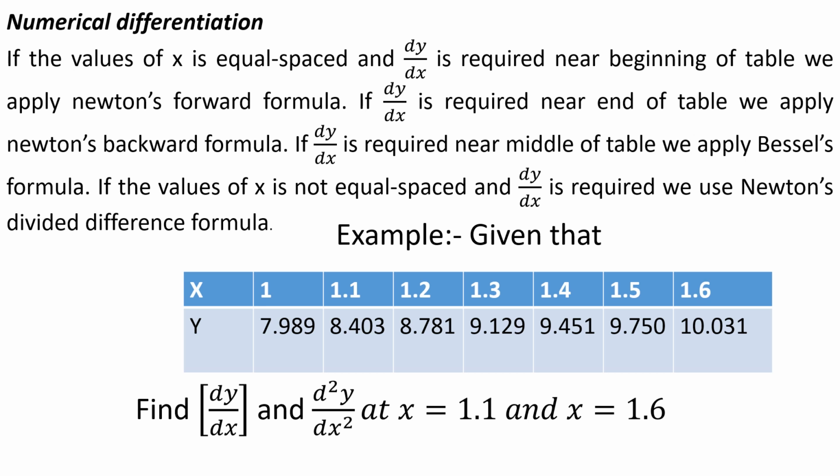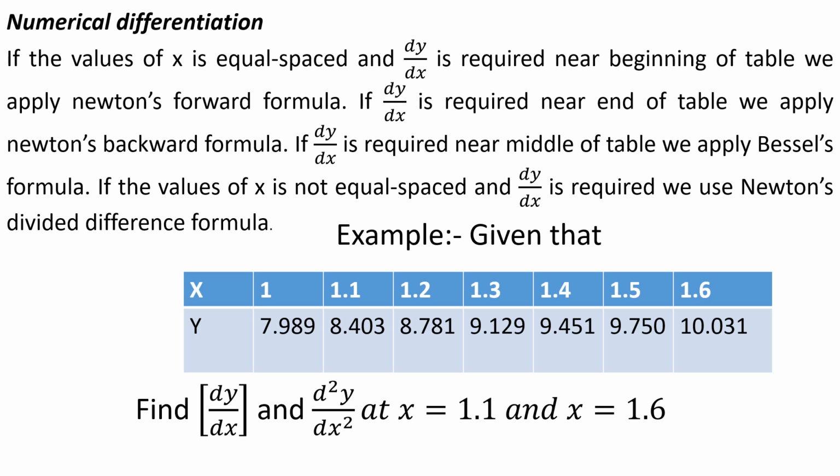And if you want to calculate dy/dx near the beginning of the table, we will apply the Newton forward formula. If dy/dx is required near the end of the table, then we will apply Newton's backward formula.